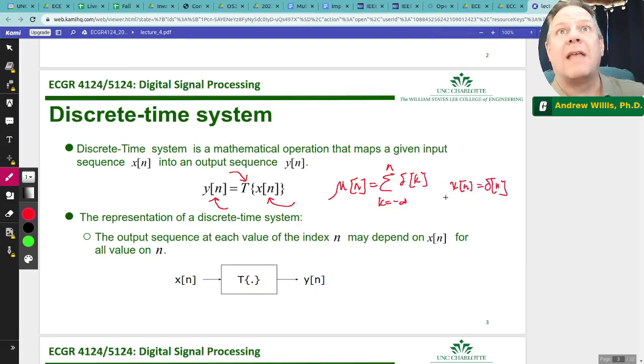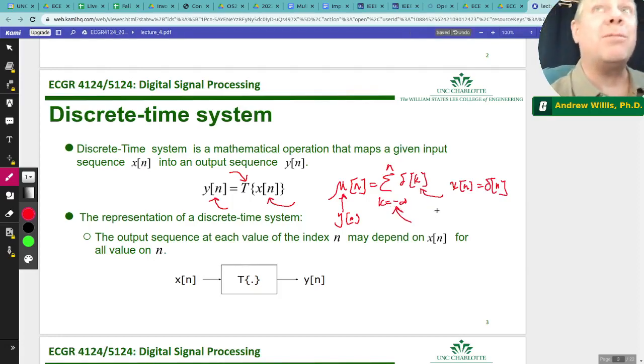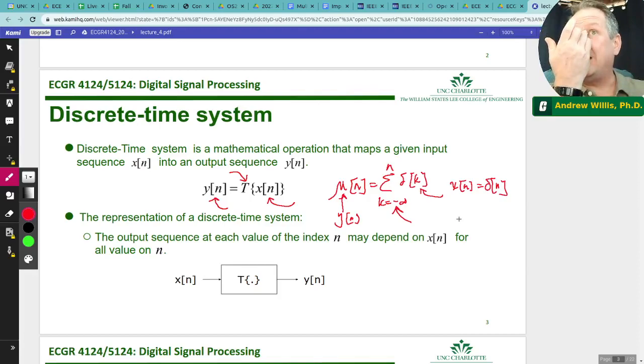In that case, this is the input, and the output is the step function. And what is the system itself? The system is the thing operating on the input. It's the integrator. Systems have to operate on something; they need an input to generate an output.